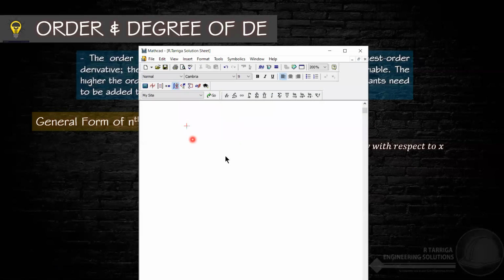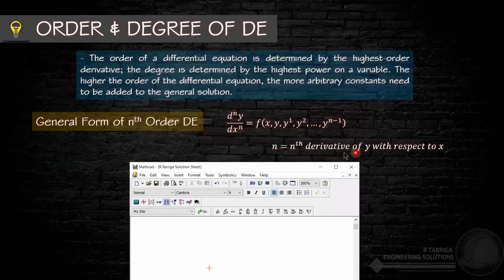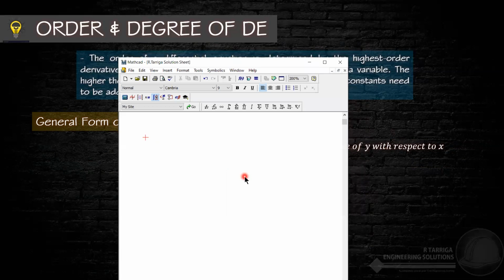So suppose, let's say na n is equal to 2. N here is the nth derivative of y with respect to x. So suppose when n is 0, so d raised to 0 y over dx raised to 0, diba that is only equivalent to what?